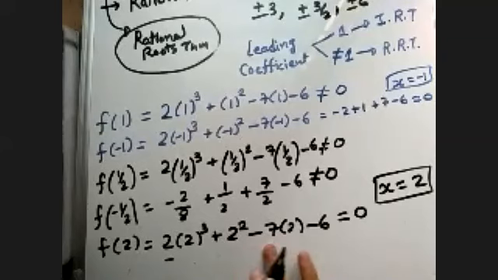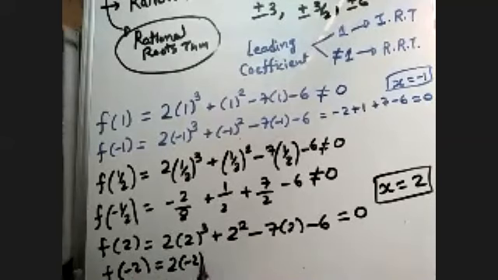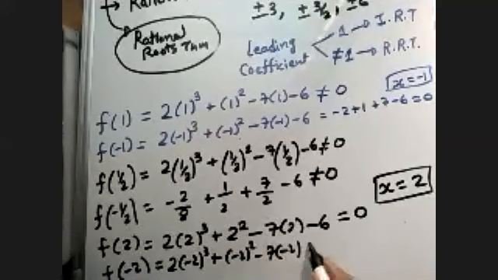So it is not equal to 0, f of minus 2. So f of minus 2, 2 times minus 2 cube plus minus 2 square minus 7 times minus 2 minus 6, is not equal to 0. Now we have to check for plus or minus 3 by 2 and plus or minus 6.